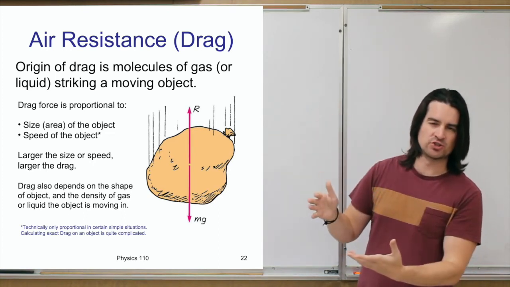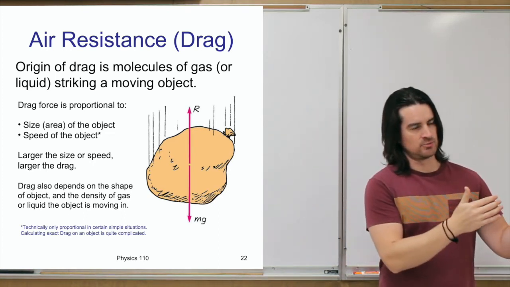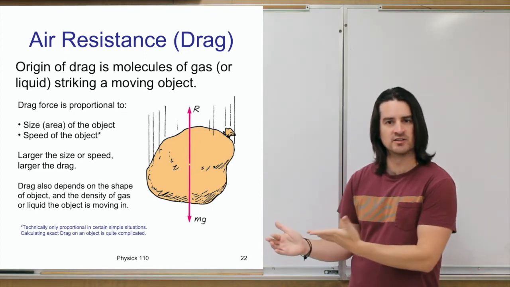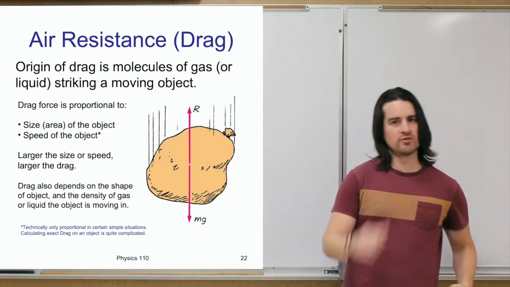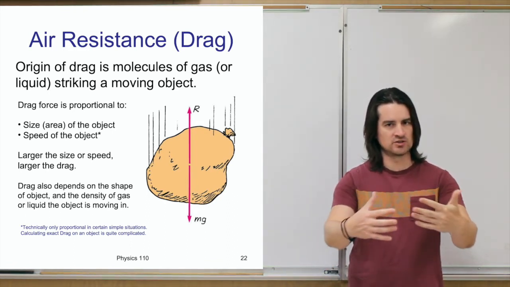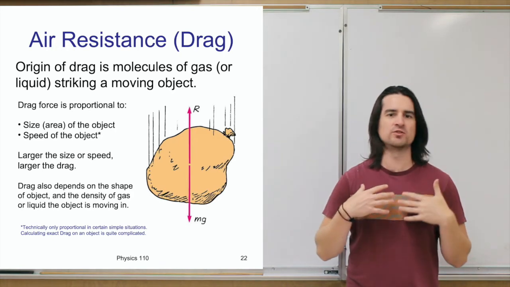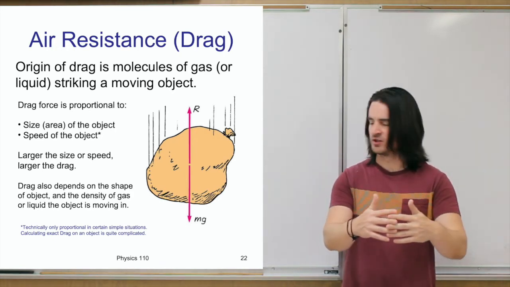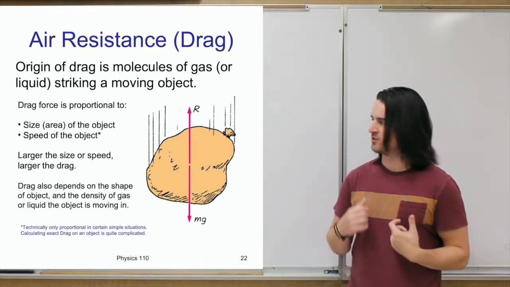Drag is a more general term that could be the resistance you experience as you try to move through water, say. When you're trying to run through water, it's very difficult, because there's a lot more dense stuff in front of you than if you were just walking, and that causes a much larger drag on you.